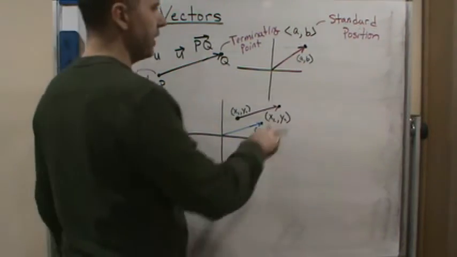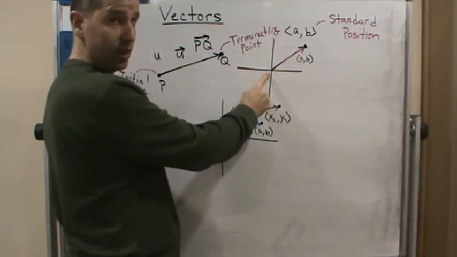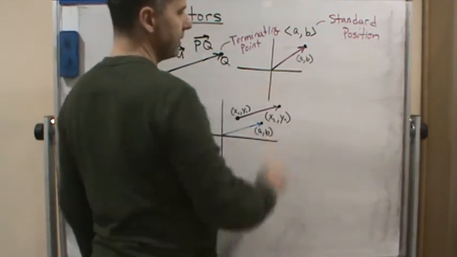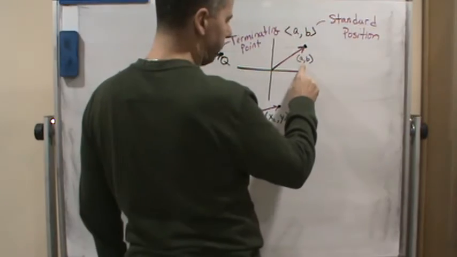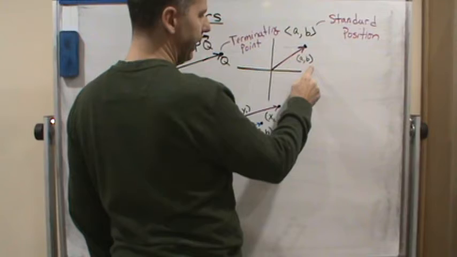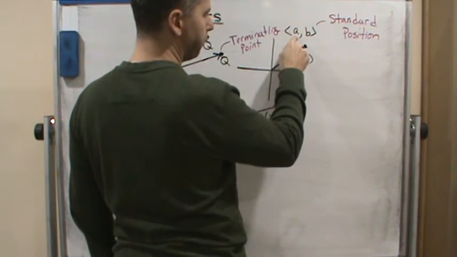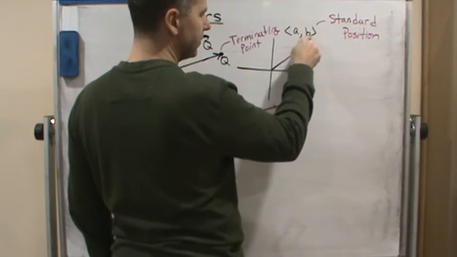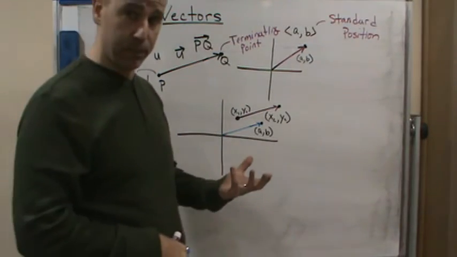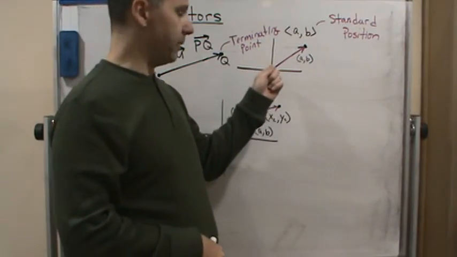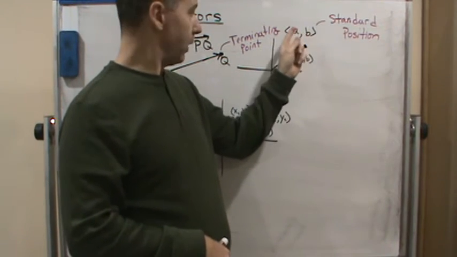Now this denotes a vector that has its initial point at the origin and its terminating point at a point, let's say A comma B. So we would put the triangle brackets around A comma B, and that would automatically denote that this is a standard position where the beginning point is always at the origin, and the terminating point is whatever is in here.